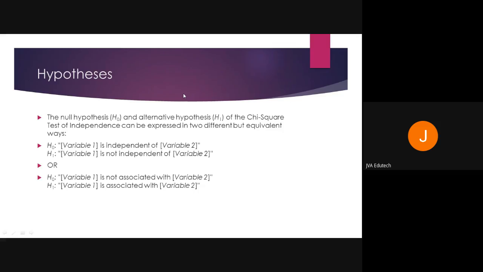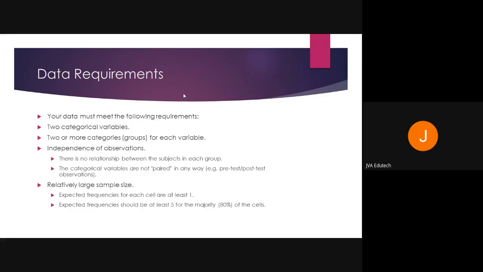Okay, it should not be that some category has no representation at all. At least minimum one representation should be there for every category. So minimum it has to be 1, and optimally it should be at least 5 for the majority of the cells.